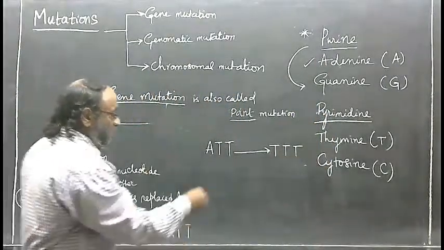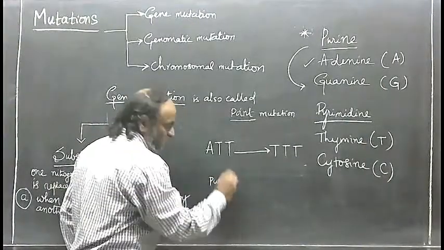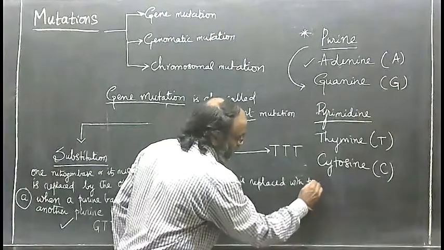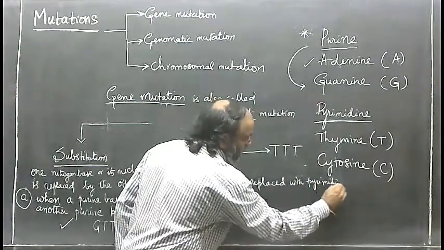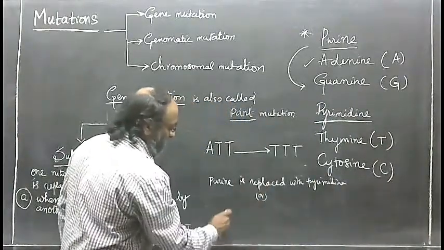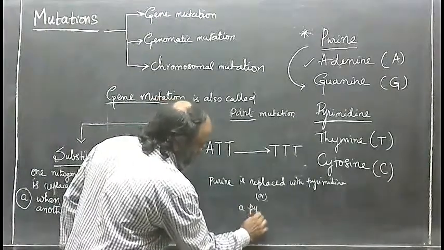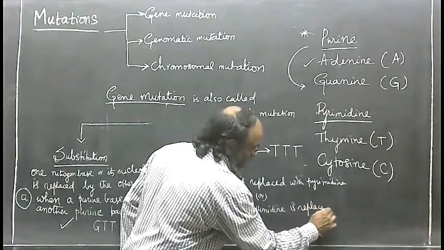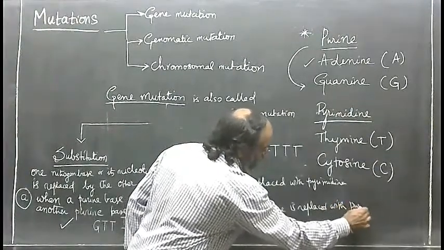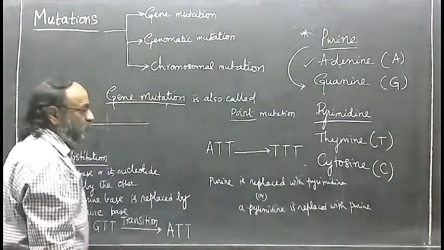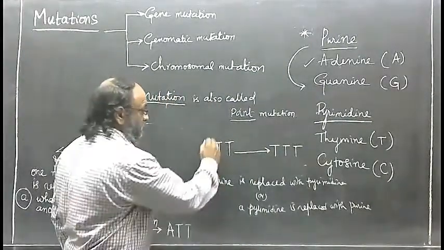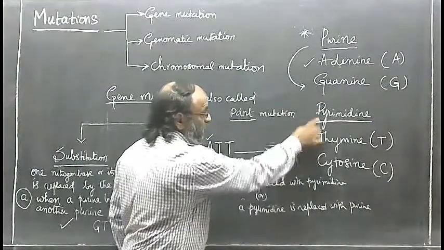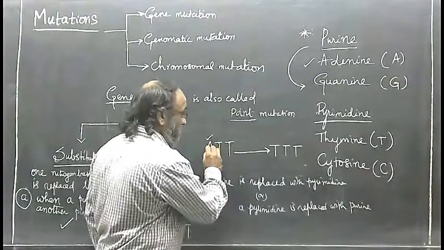So, in this case, purine is replaced. In this particular example, adenine is a purine base which is replaced with the thymine, that is a pyrimidine base. A purine is replaced with pyrimidine.